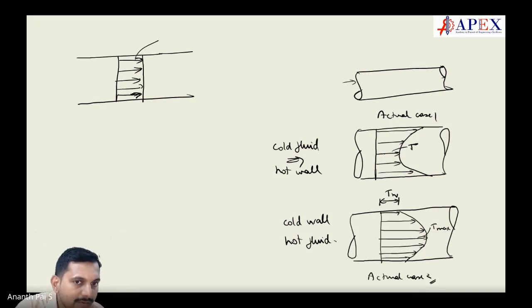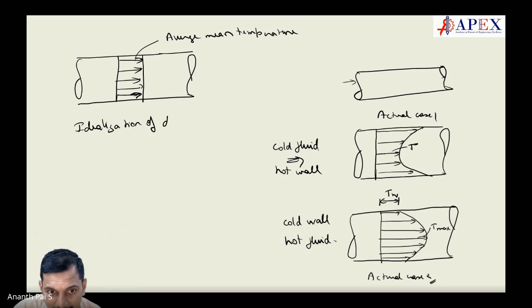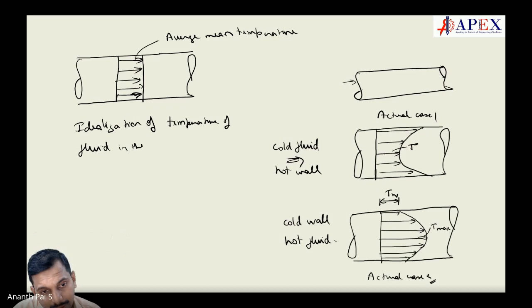This is called average mean temperature in the duct. It may not be circular also. So this is the idealization of duct flows, the temperature of the fluid in the duct flow.